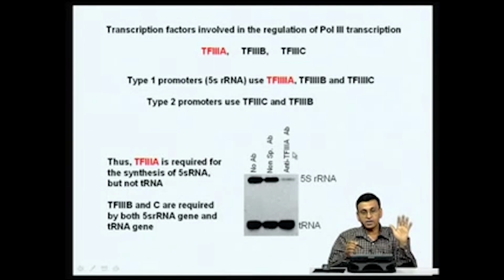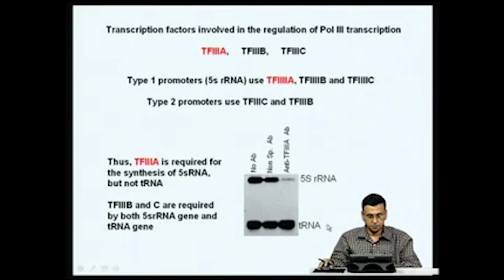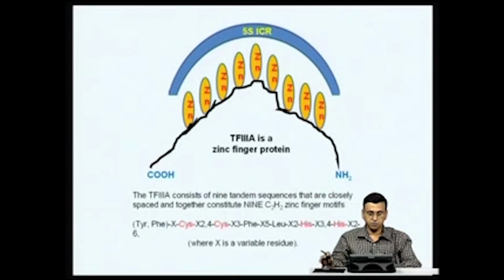So, when TFIIIA function is inactivated, only 5S ribosomal gene transcription gets affected, but not transfer RNA, clearly indicating that TFIIIA is a highly specific transcription factor required specifically for the transcription of 5S ribosomal RNA genes. So, these kinds of experiments have clearly demonstrated which of these 3 transcription factors are required for 5S RNA gene transcription as well as tRNA gene transcription.